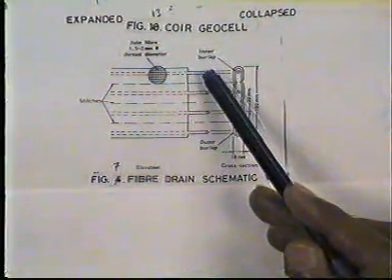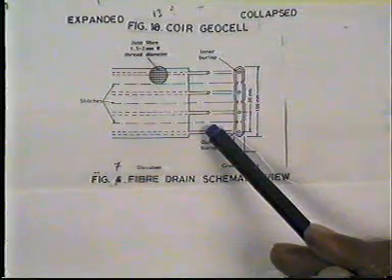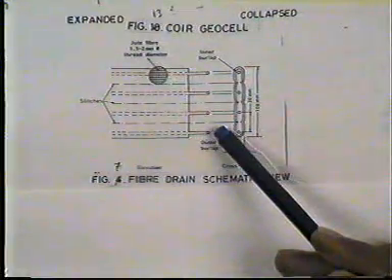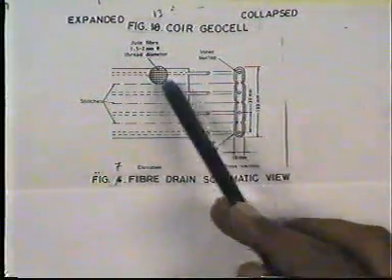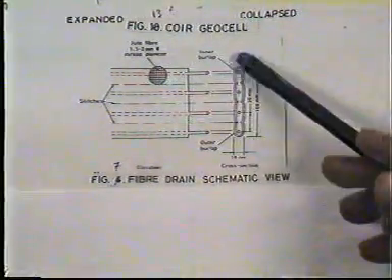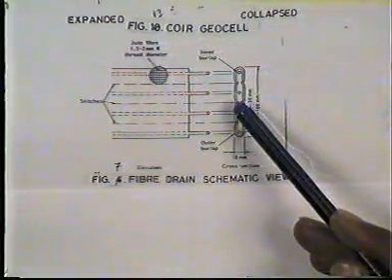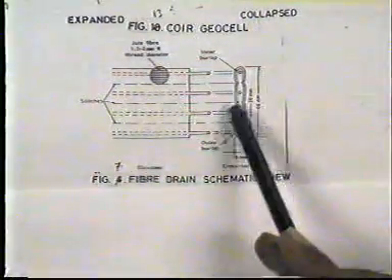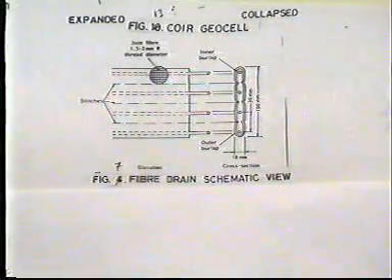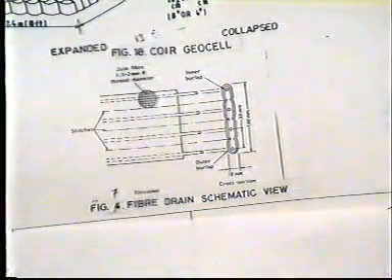The drain strip itself consists of 4 coconut coir fiber strands of 3 millimeter to 6 millimeter diameter, laid longitudinally parallel to each other and enveloped by 1 or 2 layers of jute fabric held together by longitudinal stitches.